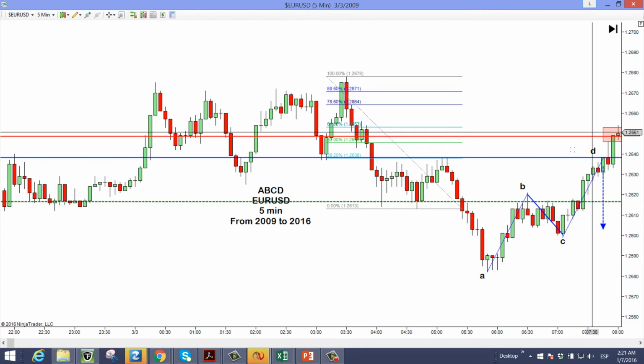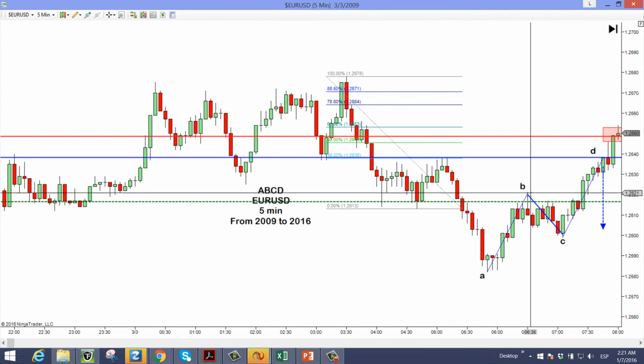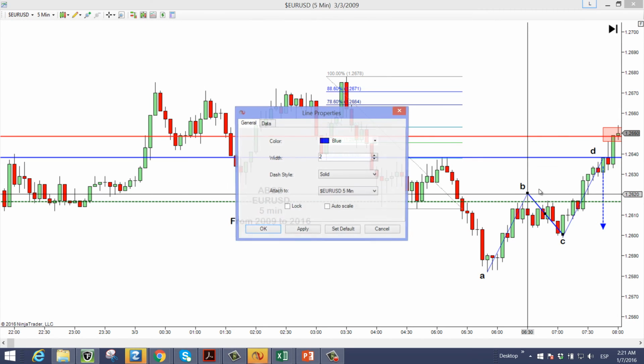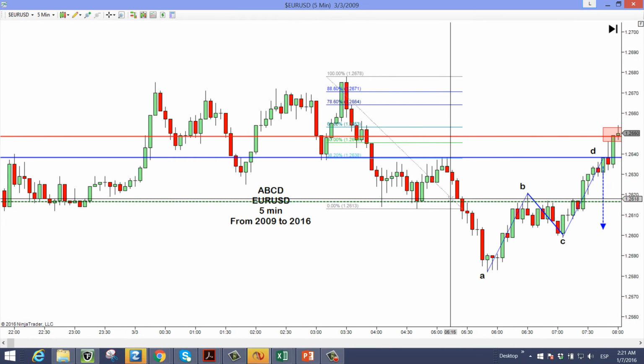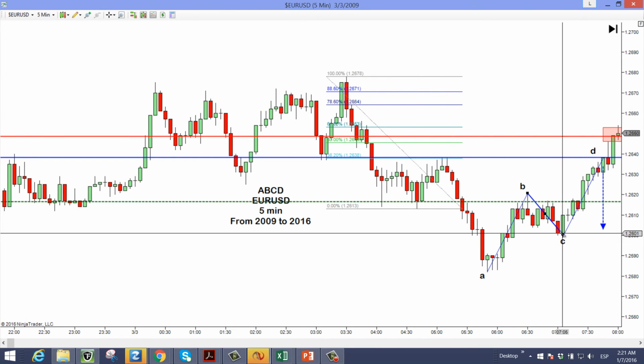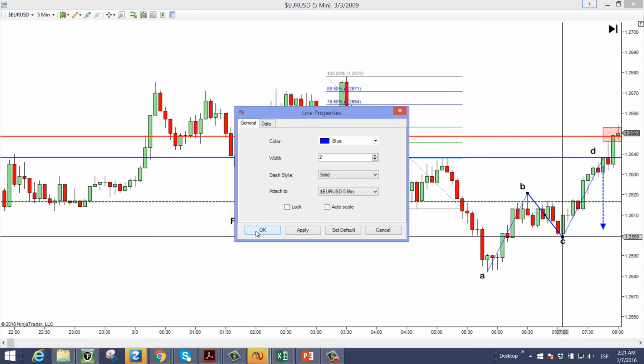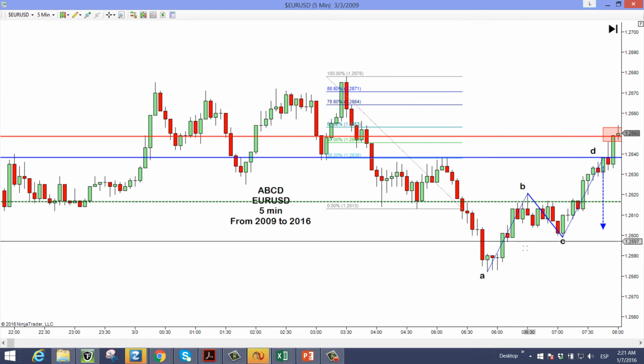So what do you need to do next? You need to go to your spreadsheet and collect all the data that you get from this pattern.